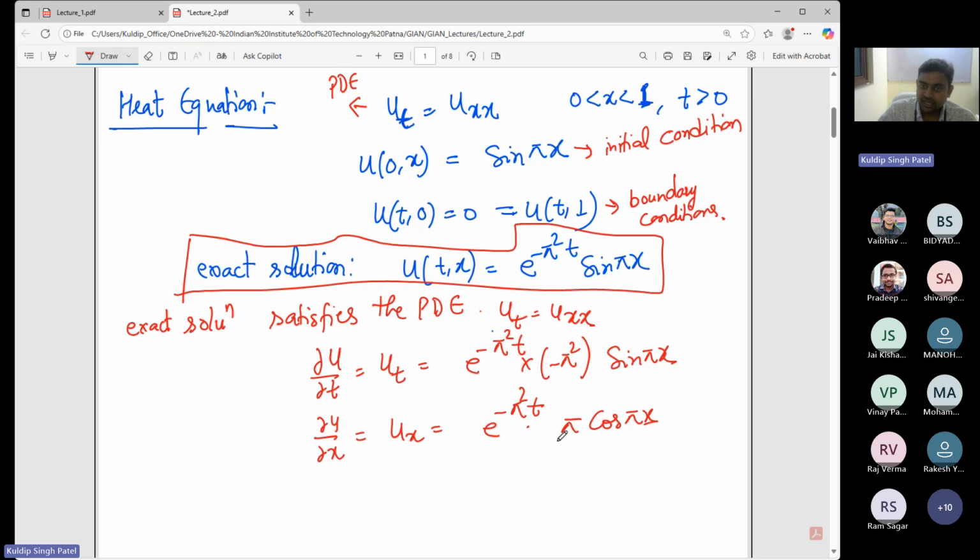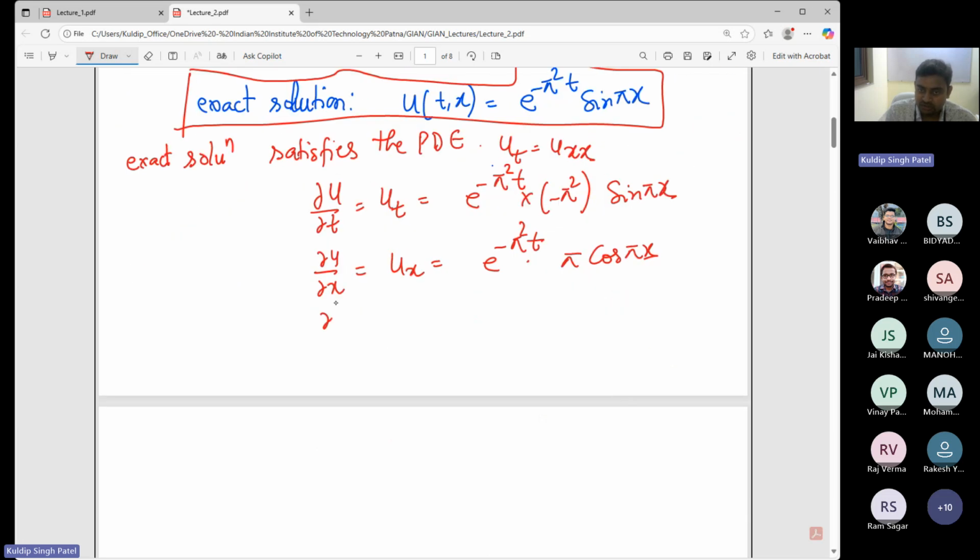And if you differentiate once again, del 2u by del x2, that is uxx, it would be minus pi square e to the power minus pi square t sine pi x. I hope it is clear to everyone. So these two are equal, so it is satisfying, right?